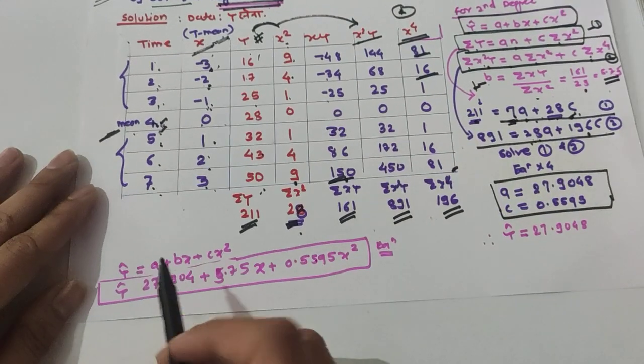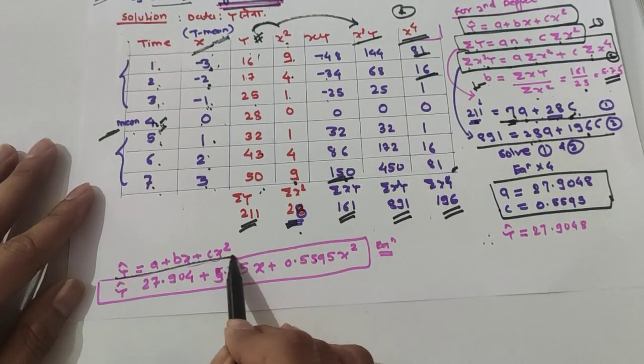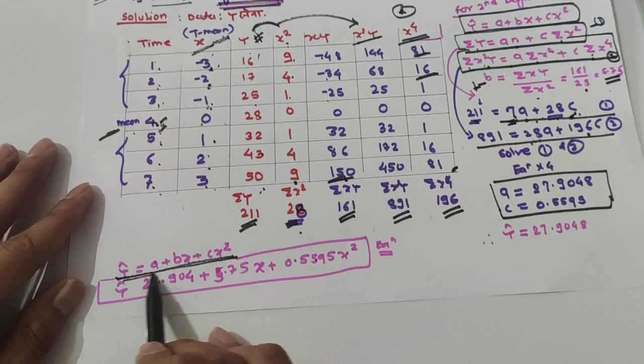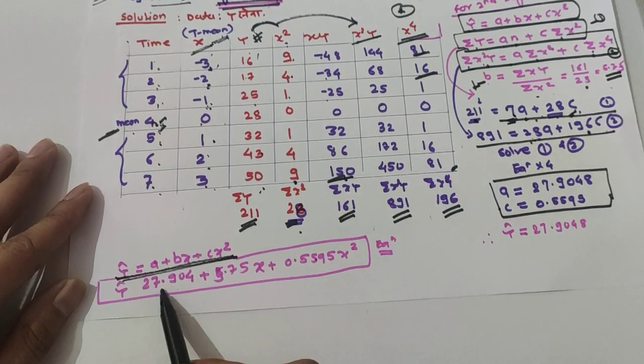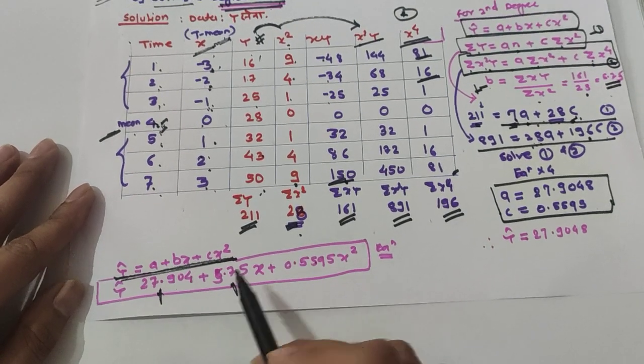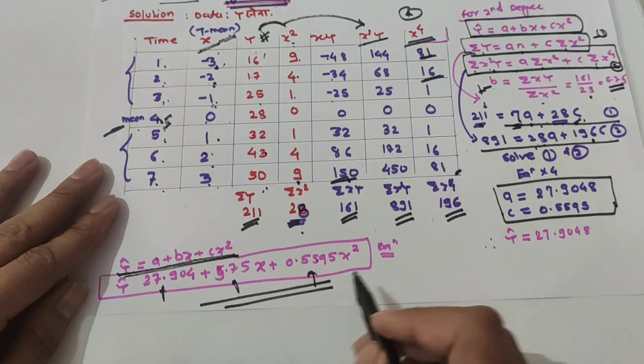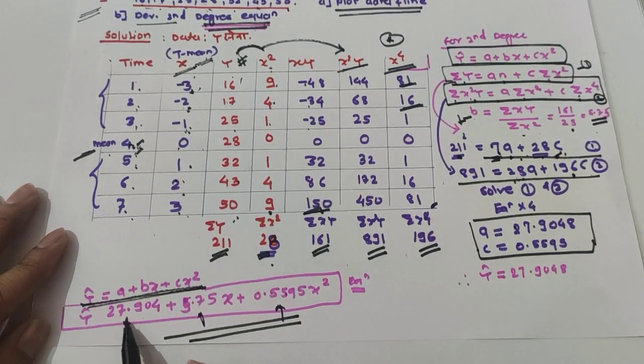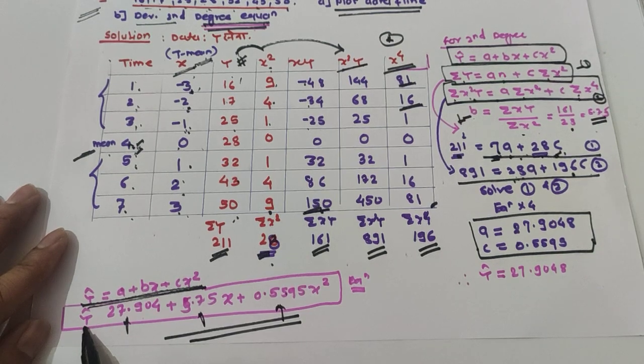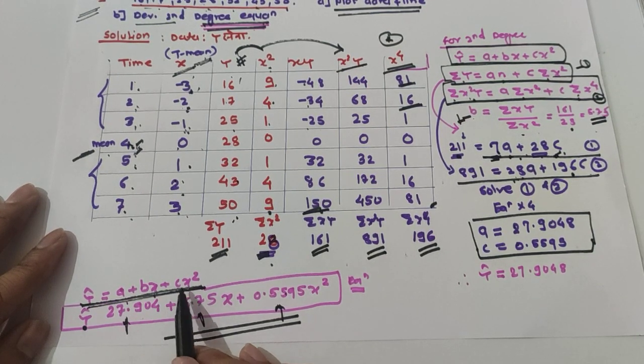So friends, we have the second degree equation, y is equal to a plus bx plus cx square.